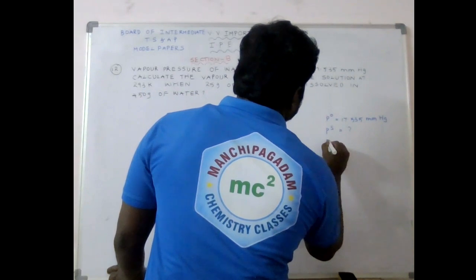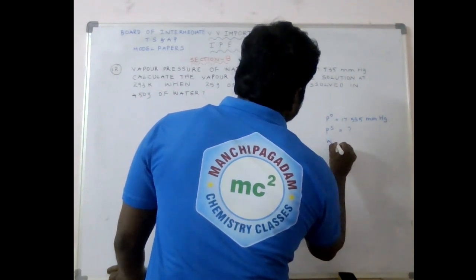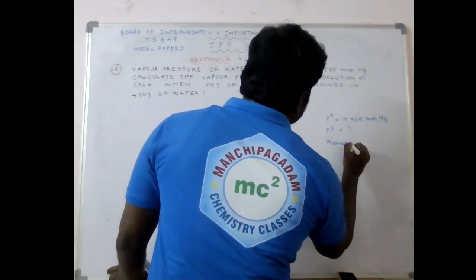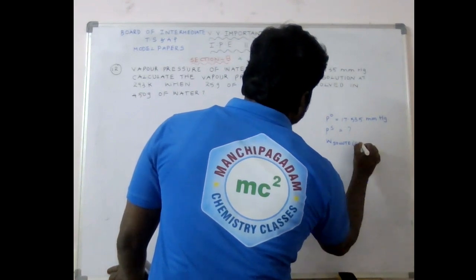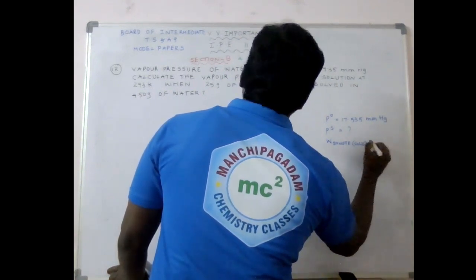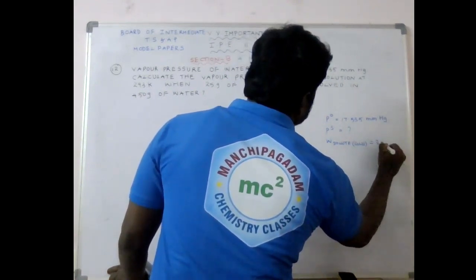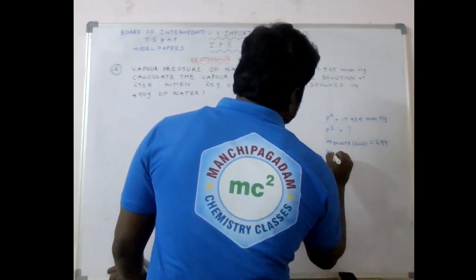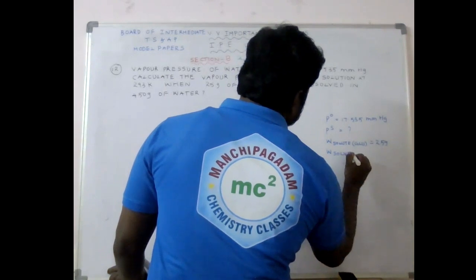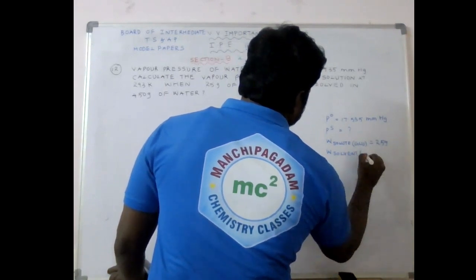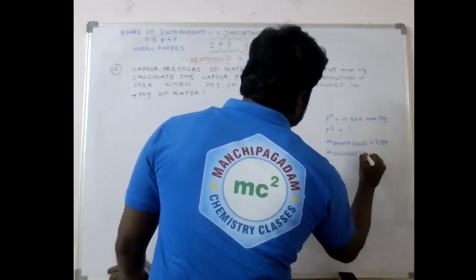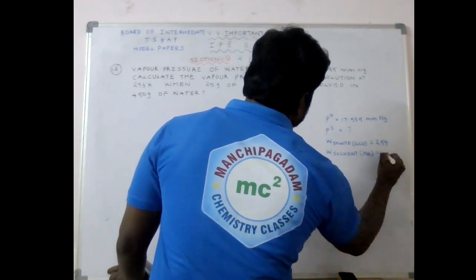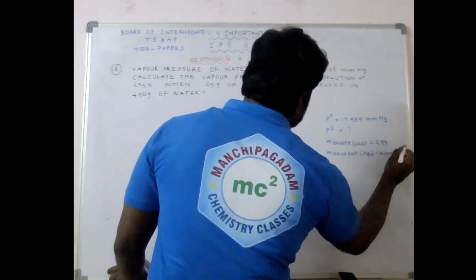So weight of solute, or you can say glucose, is equal to how much? 25 grams. Solute is glucose, remember that. And weight of solvent. Solvent is what? Water. How much? 450 grams.